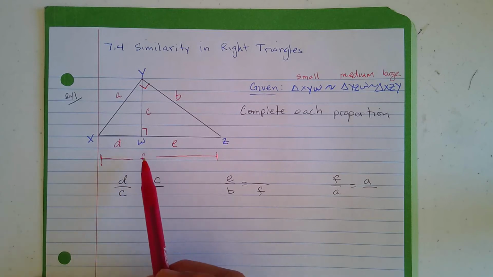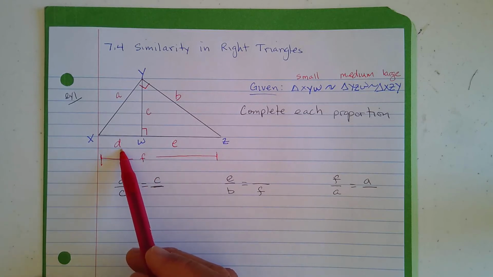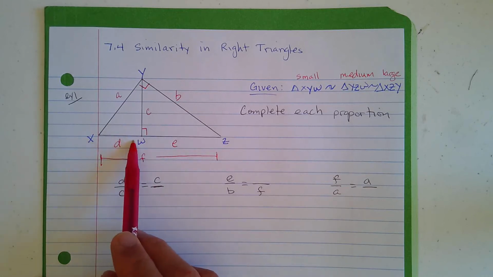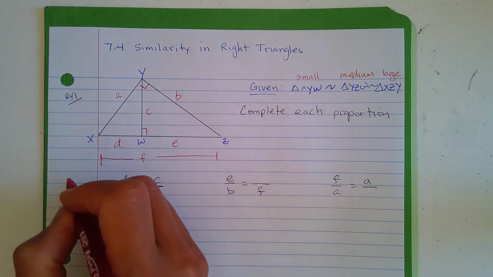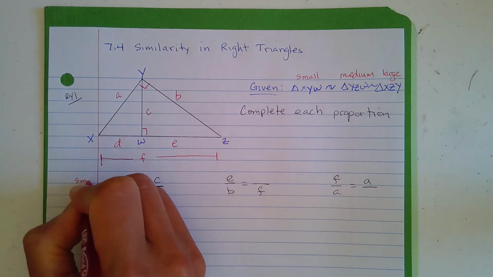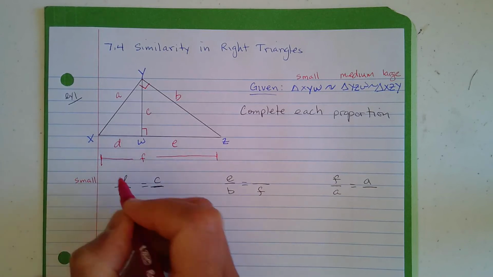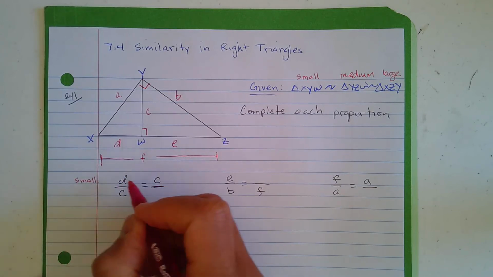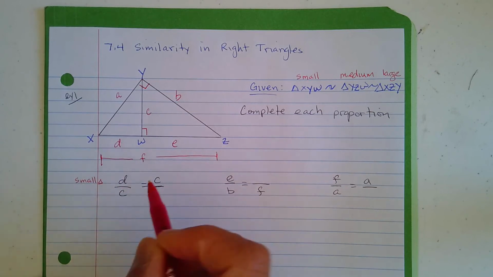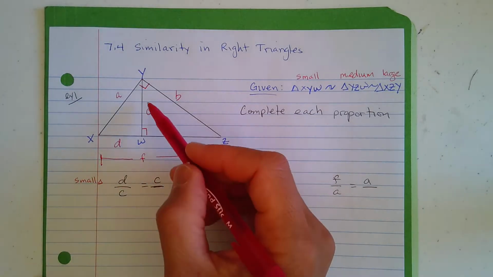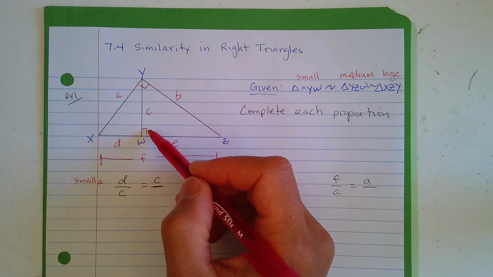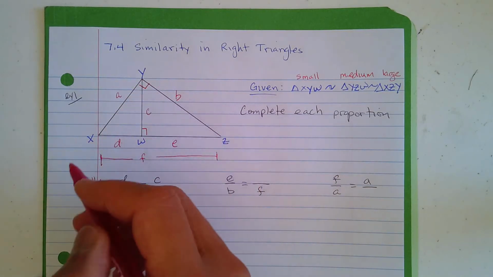We have side D to side C. Side D is part of the small triangle, so we're going to put small triangle here. Side C is part of the medium triangle.